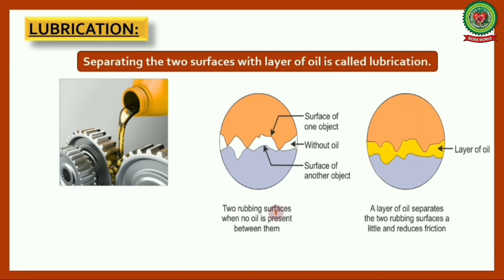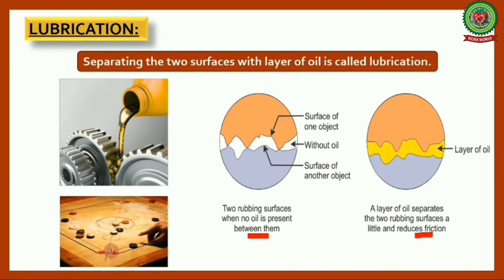Two rubbing surfaces when no oil is present between them. On the other hand, when there is a layer of oil, it separates the two rubbing surfaces a little and reduces friction.